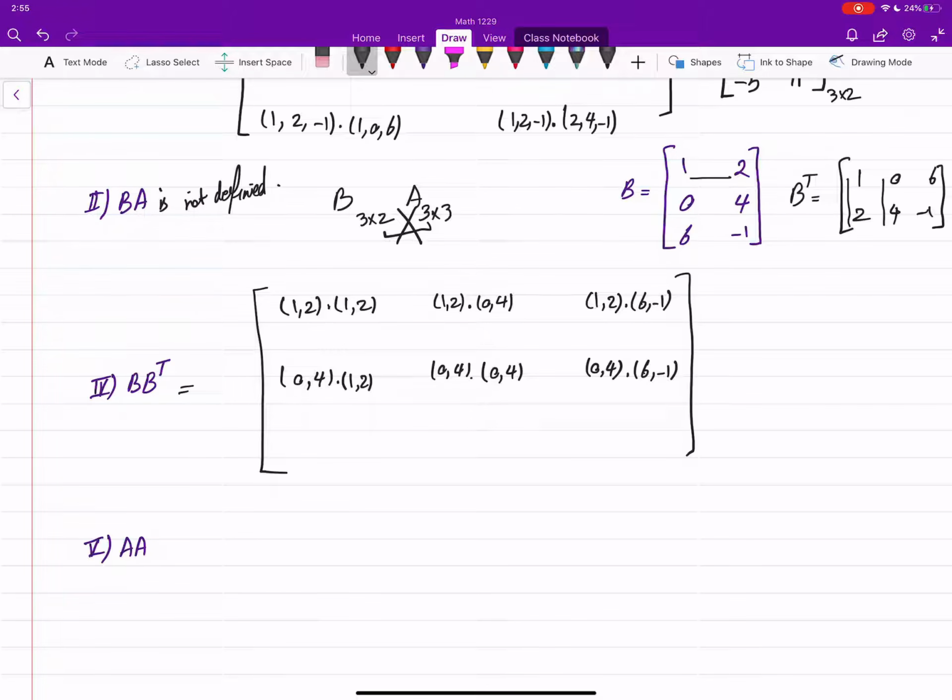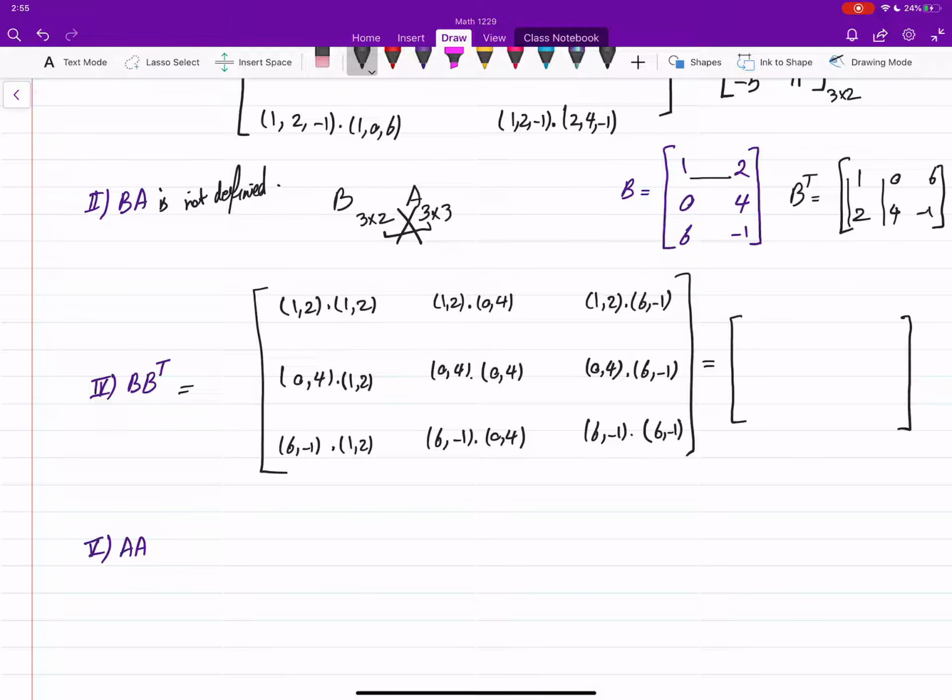For the third row entries, you have 6, negative 1 dot 1, 2, 6, negative 1 dot 0, 4, and 6, negative 1 dot 6 and negative 1.